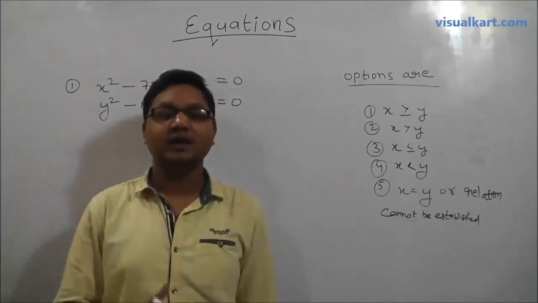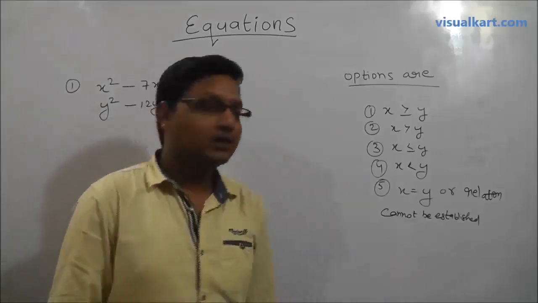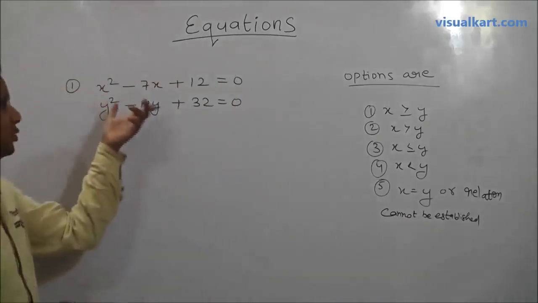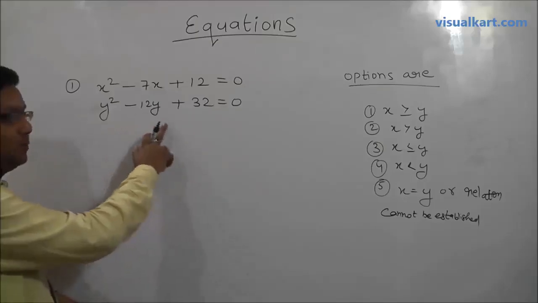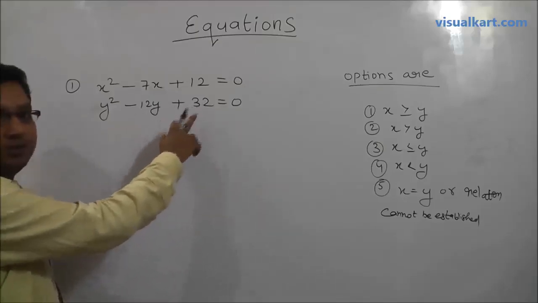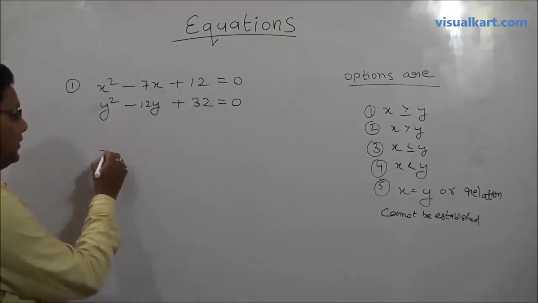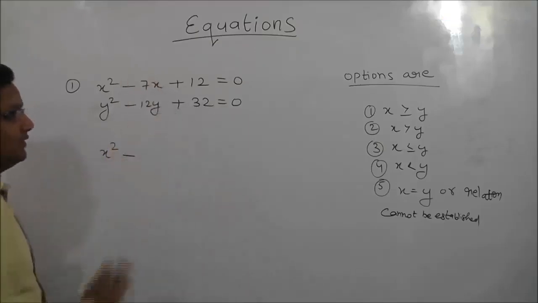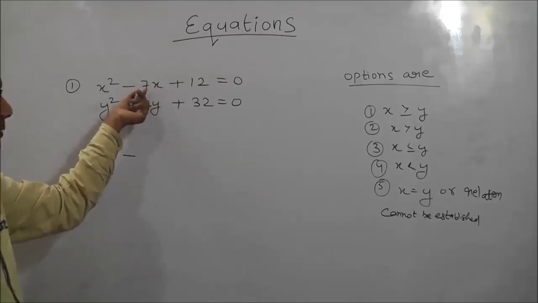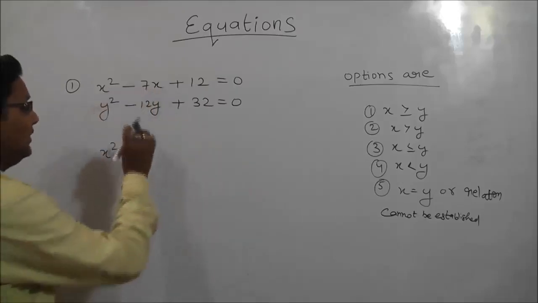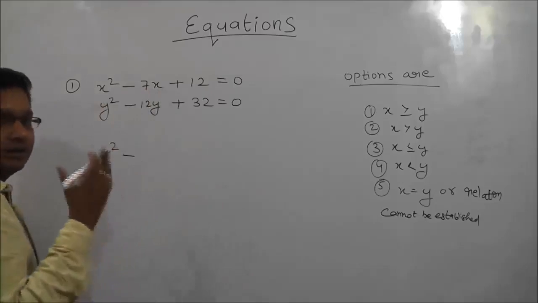Let us see our first question on equations, that is quadratic equations: x square minus 7x plus 12 equals 0, y square minus 12y plus 32 equals 0. First we have to divide minus 7x so that the multiplication is 12 and the sum is minus 7. So how to divide? In 3 and 4.